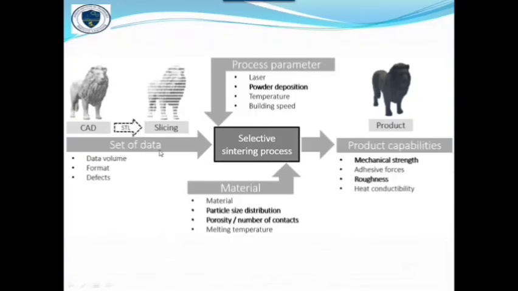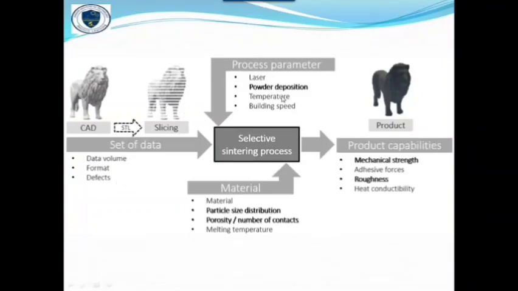In the set of data we don't know the data volume, that means how much space it is going to occupy, and what about the format, whether it is converted properly or not. Then we have to identify the defects in this particular stage itself, to continue progressing and smoothly complete our physical product. So for that purpose we have to identify the defects in this stage itself.